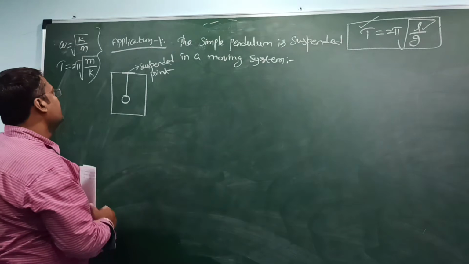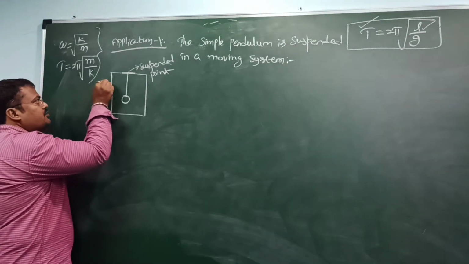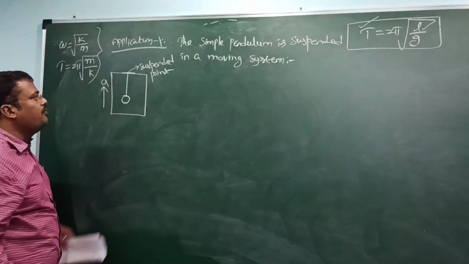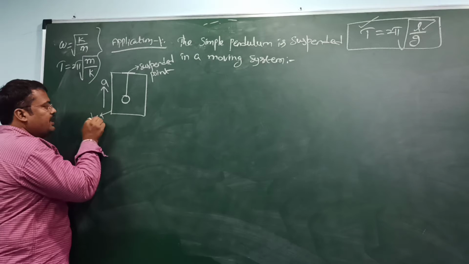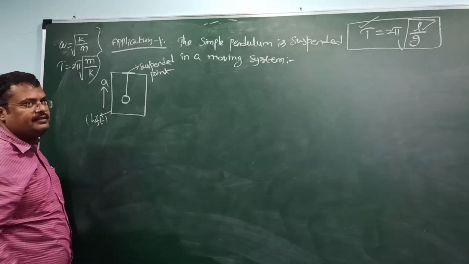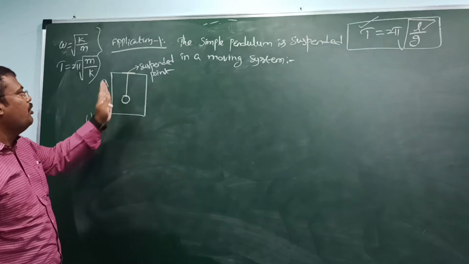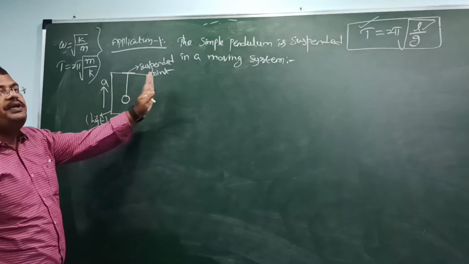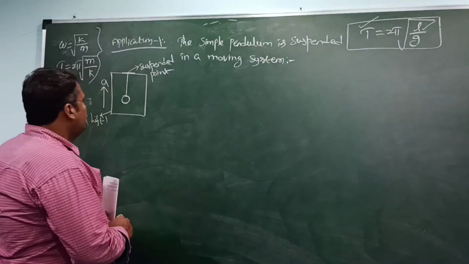Let us imagine the acceleration of the entire system, because this is a lift actually. Inside the lift, the bob is here. Now the lift is accelerating. Then what about the time period of the simple pendulum in this case?